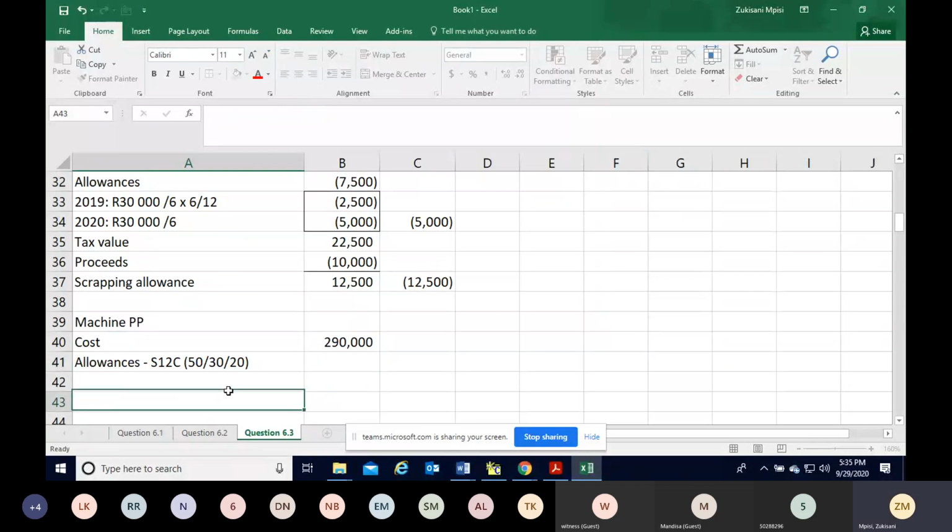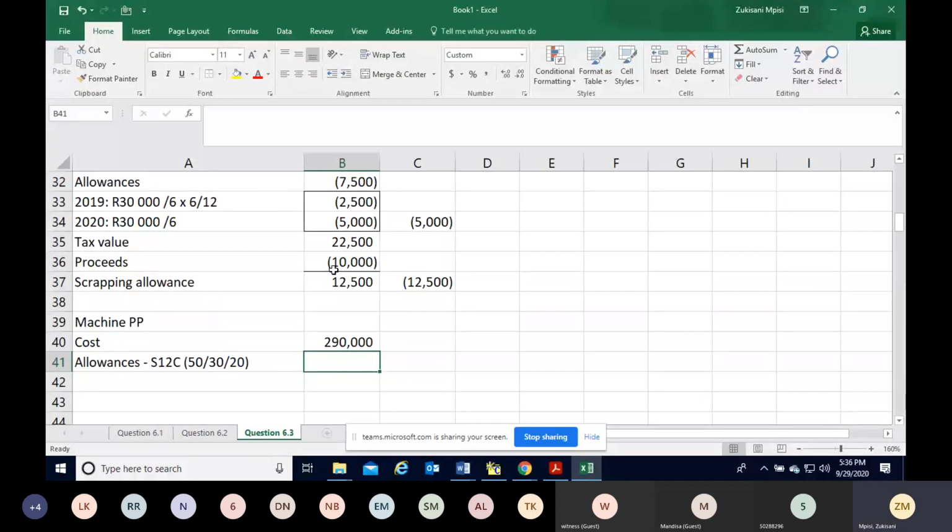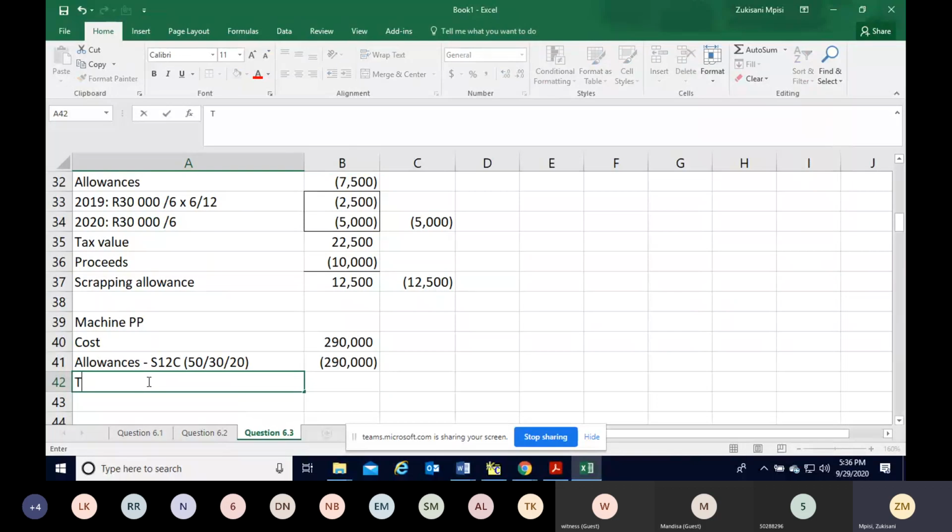Right, so in this case, we would have written off this asset over 3 years, which is 2015, 16, and 17. So in this case, it's fully written off as 290,000. This is your tax value, which is nil.